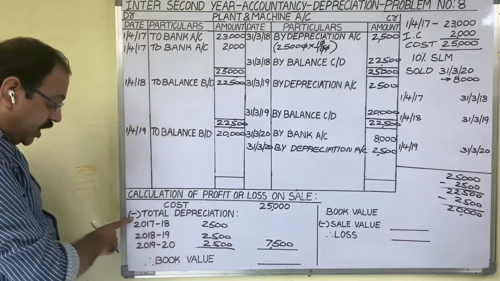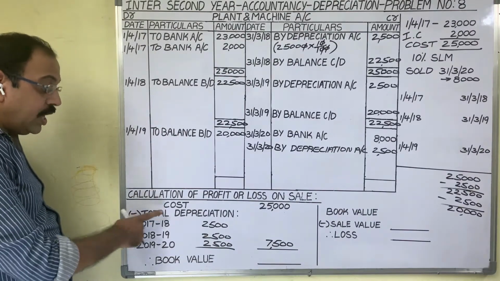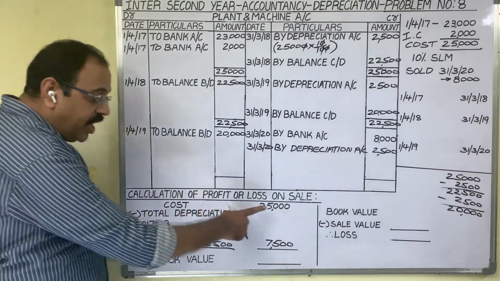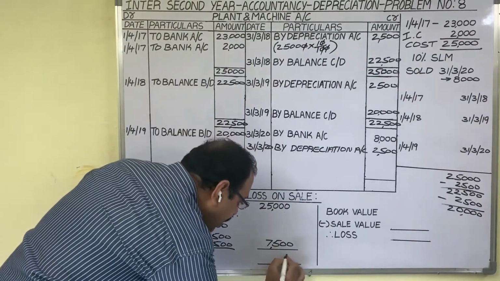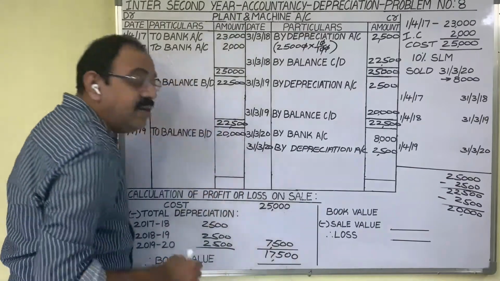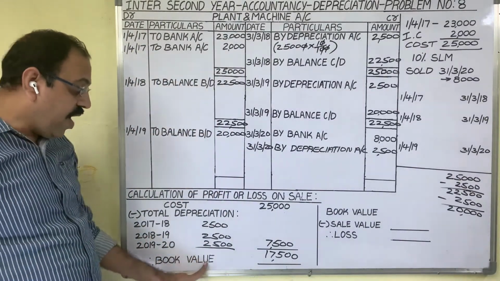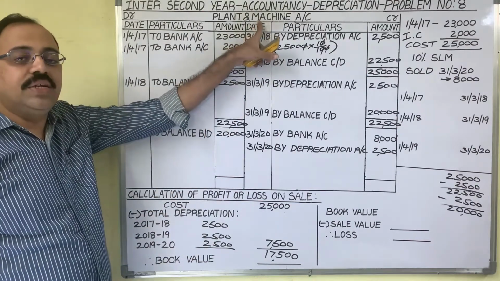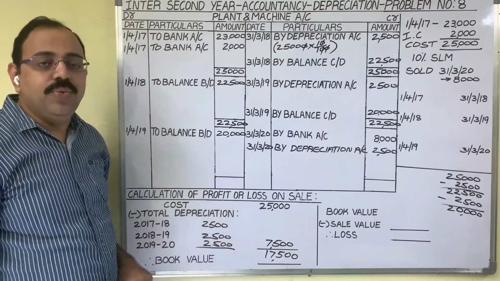Now from the cost price, we should deduct total depreciation. 25,000 rupees minus 7,500 is 17,500. This amount is known as the book value of the asset, also known as written down value.